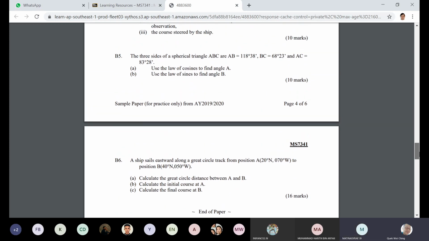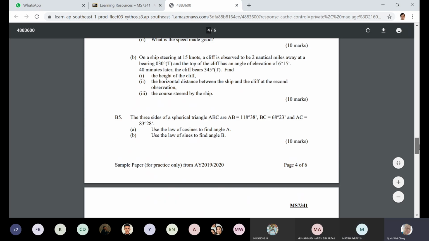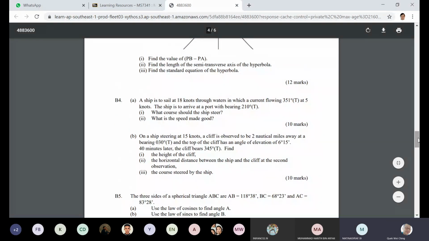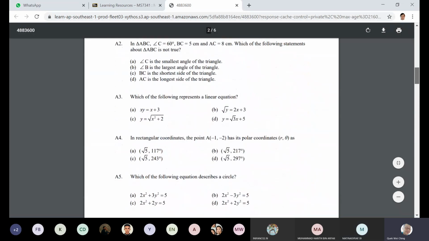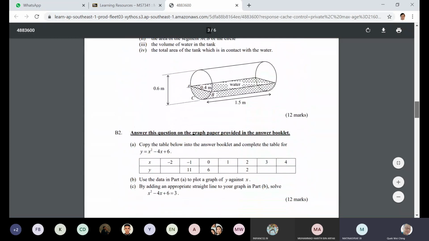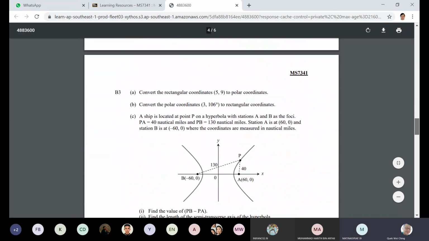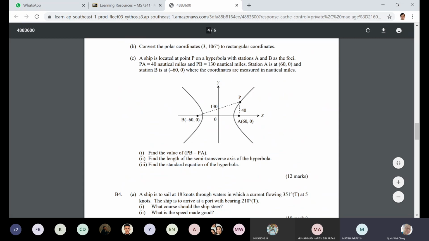There are 5 multiple choice and 6 written questions. For this paper, actually only B3 part C is not suitable.